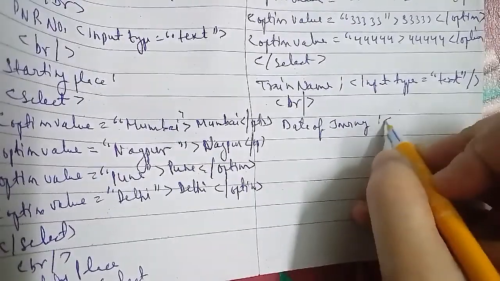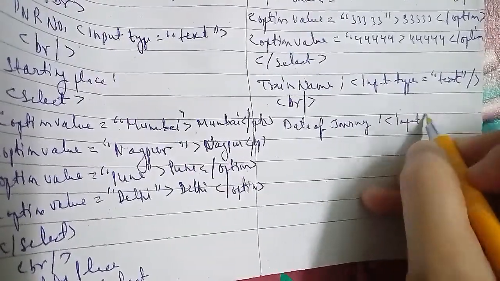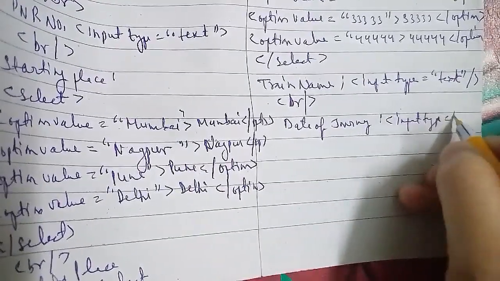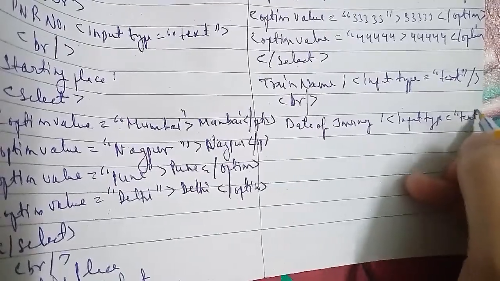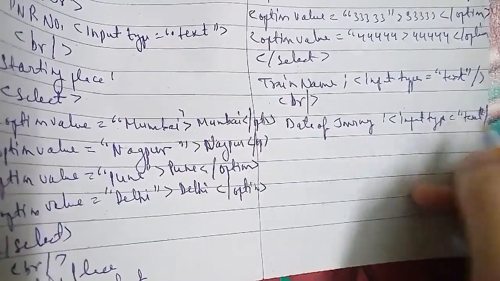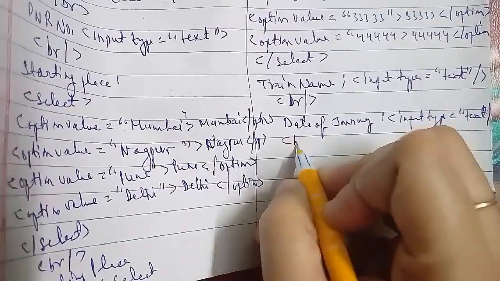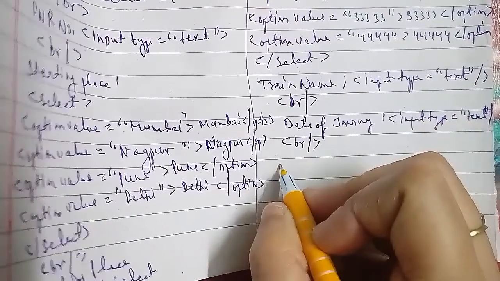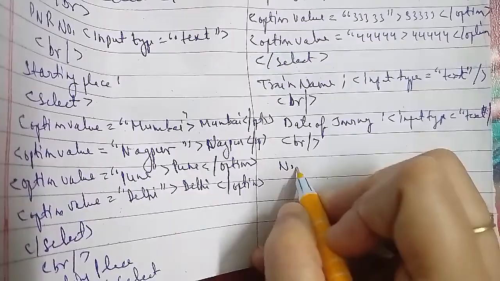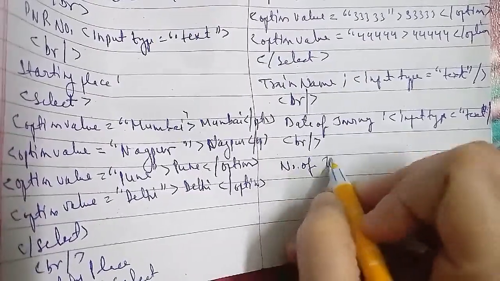Then we come to customer name, input type equals to text, then again break.